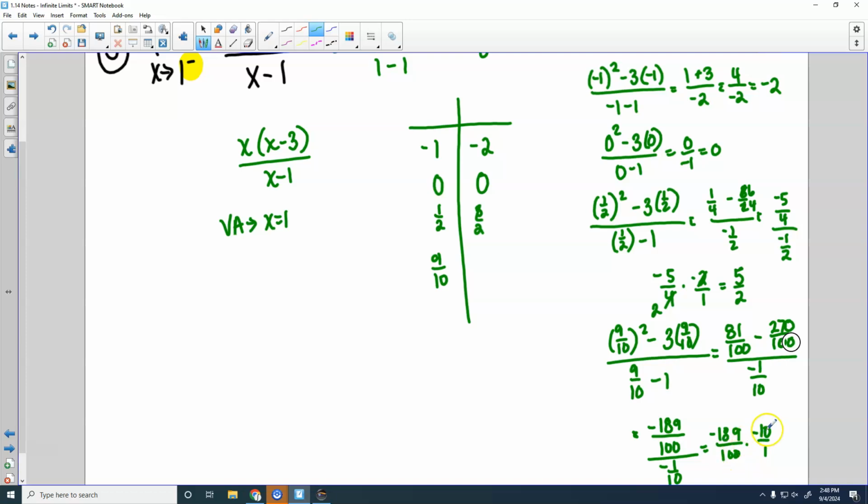You could reduce here, and you're going to get like 18.9 for that. And we're still increasing here, so I feel like positive infinity. So the limit as x approaches 1 from the left of x squared minus 3x over x minus 1 looks like it is positive infinity.